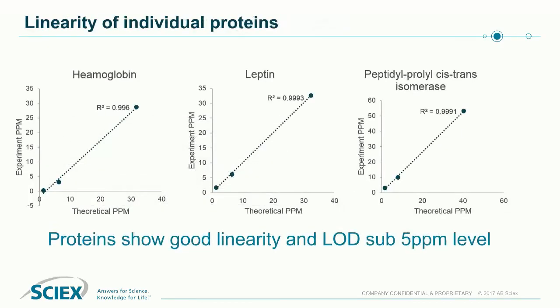If we look at the linearity of some of these proteins, even though there are only 3 points in these graphs, the linearity appears to be very good, indicating that we probably have a very good system at the moment for analyzing the level of host cell proteins within the sample. This is the work that's currently ongoing within BTI to see the utility of this with producing and non-producing strains.